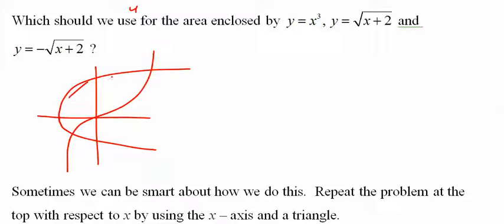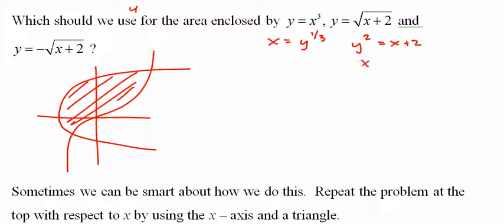That's this area here. Well, I mean, you can rewrite it. X equals y to the 1/3. Y squared equals x plus 2 covers that. X equals y squared minus 2. And I think that's probably your best bet.